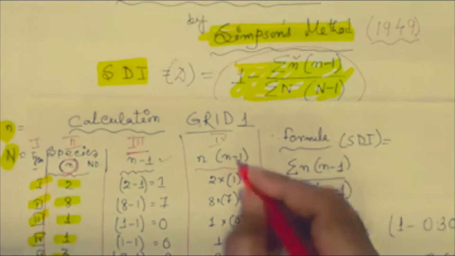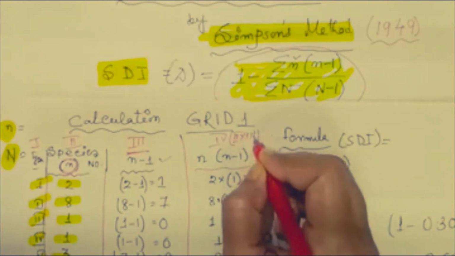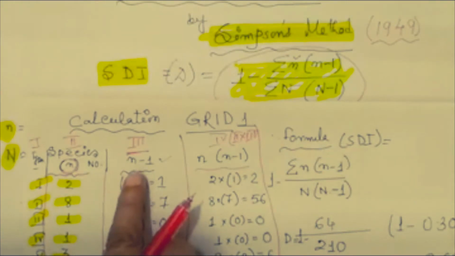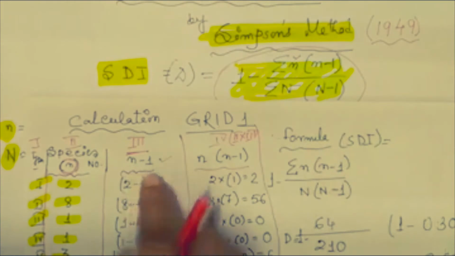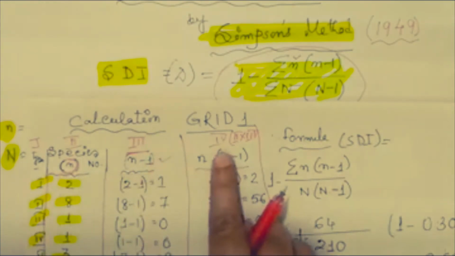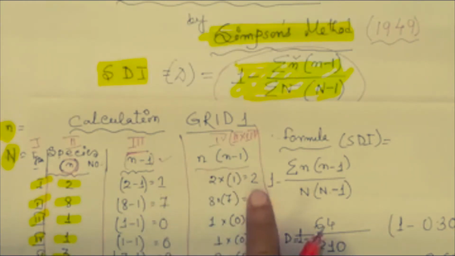This is basically the multiplication of column number 2 and column number 3: n and n minus 1. The fourth column is the multiplication of this one and this one, and you will write the result here.